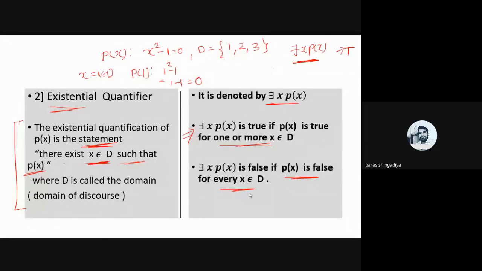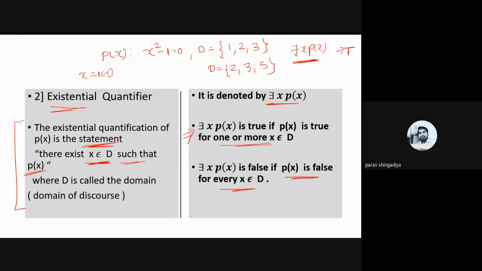For this example, I consider the same predicate, but instead of the domain 1, 2, 3, I consider the domain D equal to 2, 3, and 5. So for this second domain, what is the answer of the predicate? For x equal to 2, P of 2 is false because we cannot write 4 minus 1 equal to 0.